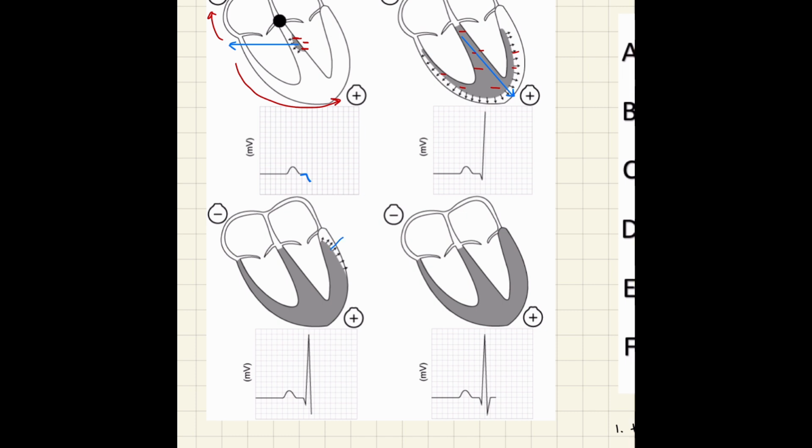So we have a vector that points a little bit up towards the negative sensor, which again causes a little bit of a deflection downwards. Then once everything gets depolarized and is all negative, we have this leveling out. And that's what creates the QRS complex that we see in an electrocardiogram.